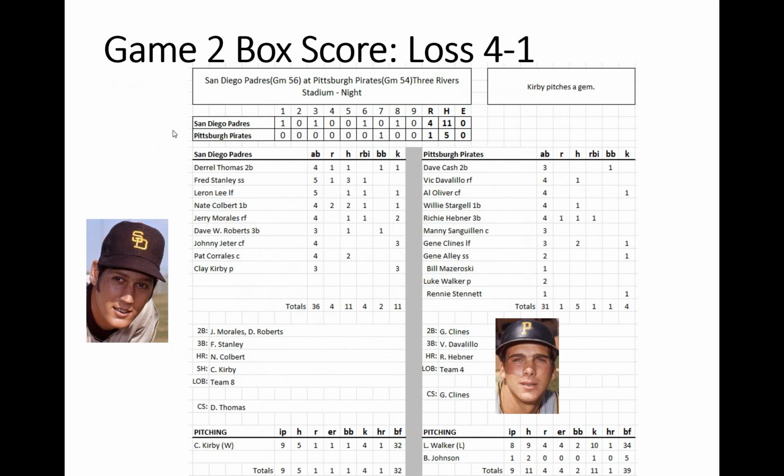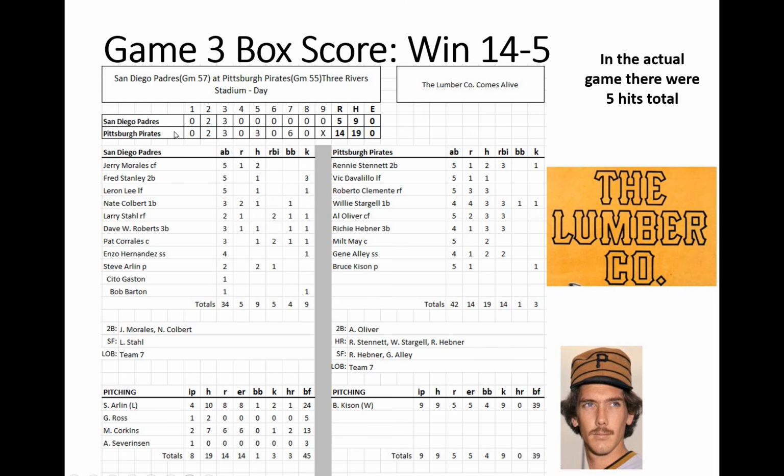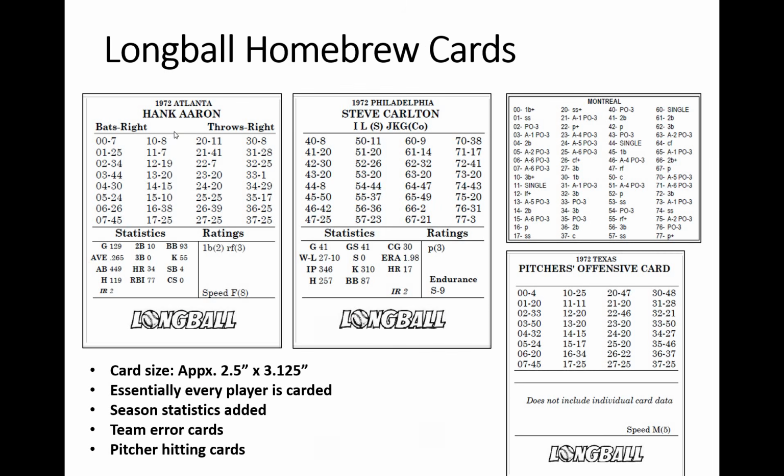This was my last video that I did on my replay, and in this video I showed you what the Longball cards look like. This game is a kind of hybrid between Strat-O-Matic and APBA. The Strat-O-Matic part is that 50% of the results generally come off of the batter card and 50% come off the pitcher card.